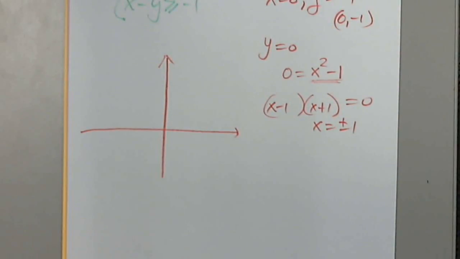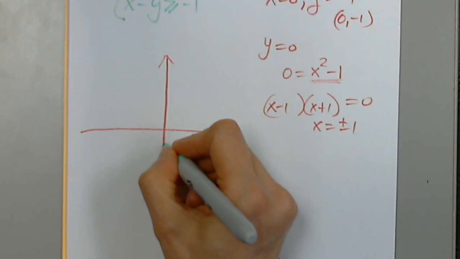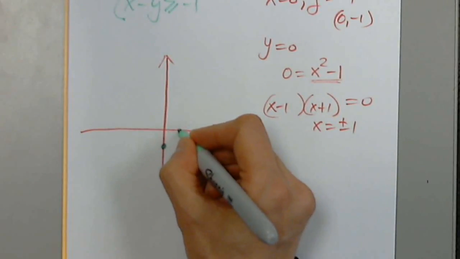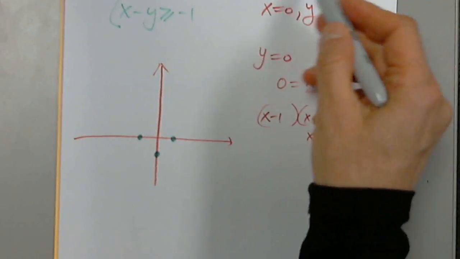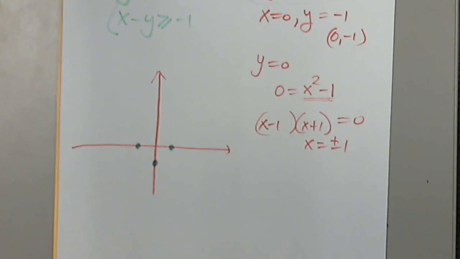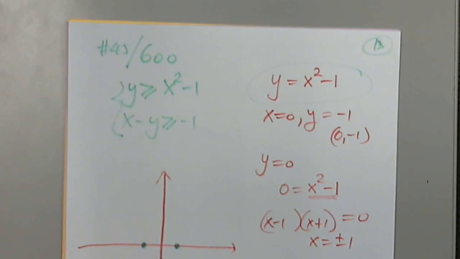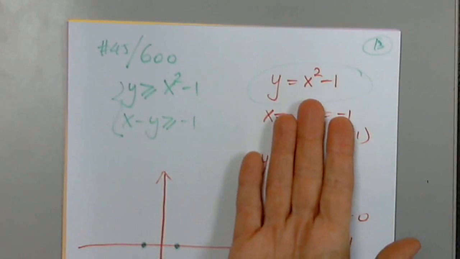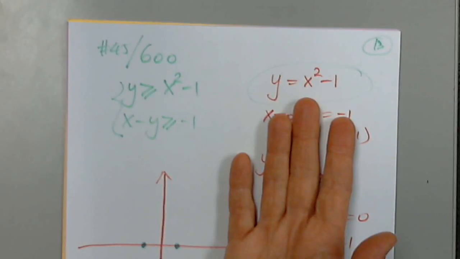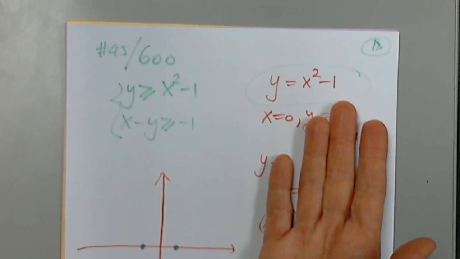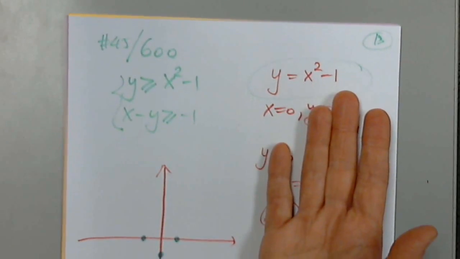So this function crosses here and here and here. What type of graph will I have to graph? If you think of transformations, how will you graph this? What is the base function here? Yes, and then a vertical shift down.